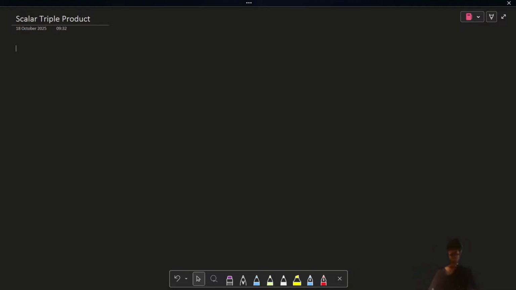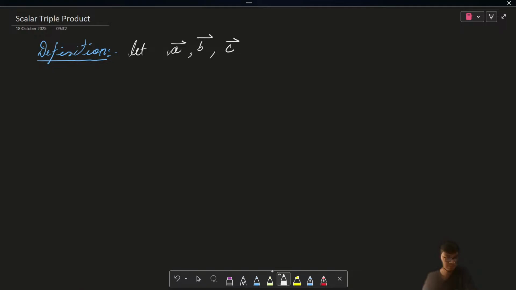So let's start with the definition or understanding of the scalar triple product. How do we define the scalar triple product? Let us say that we have three vectors with us, A vector, B vector and C vector.